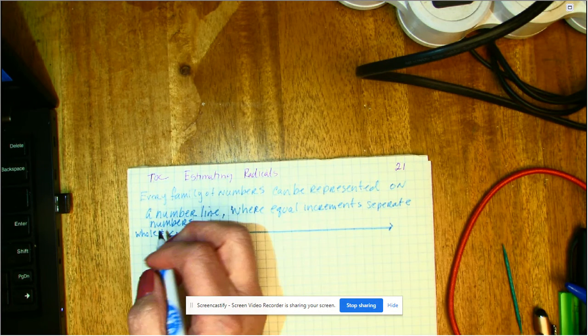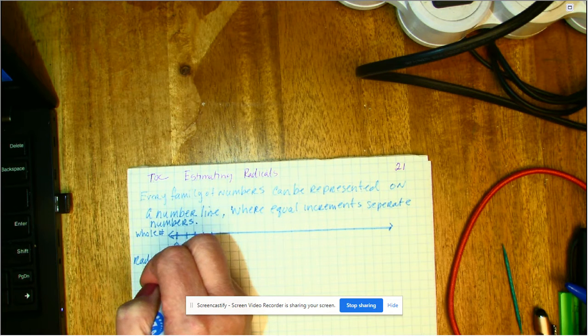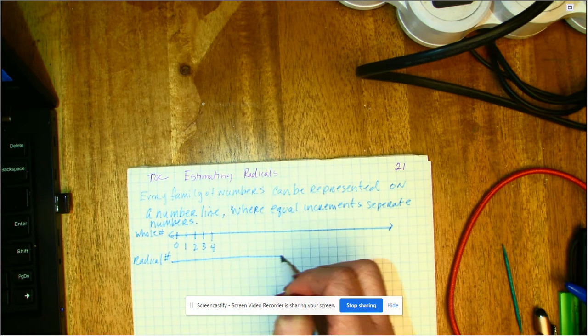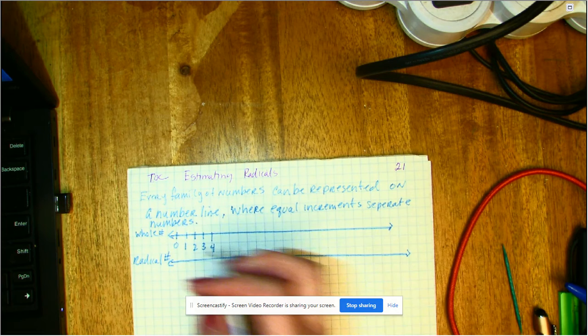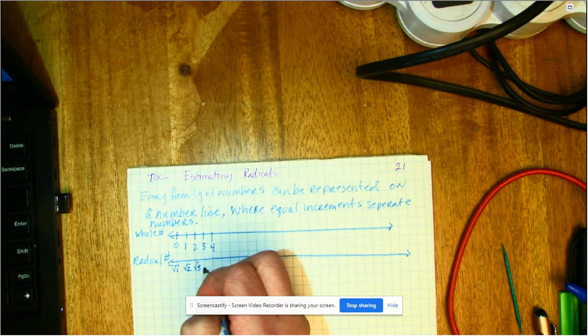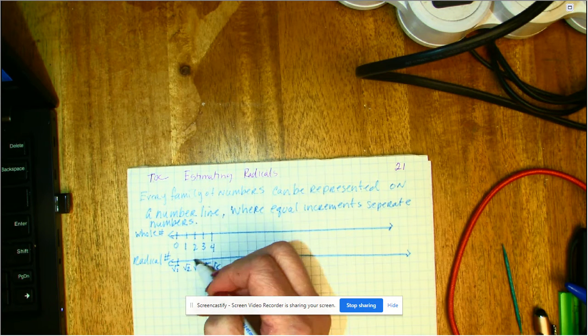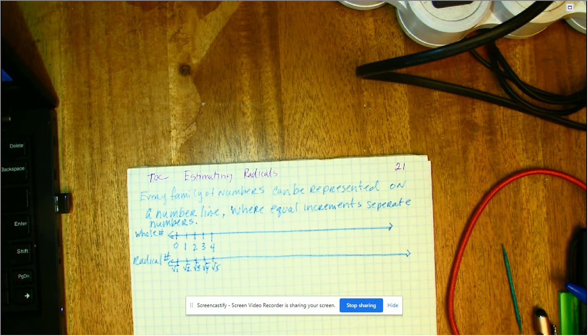If I wrote a radical number line, I could have radical 1, radical 2, radical 3, radical 4, radical 5. Again, each separated by an equal amount of space, okay?